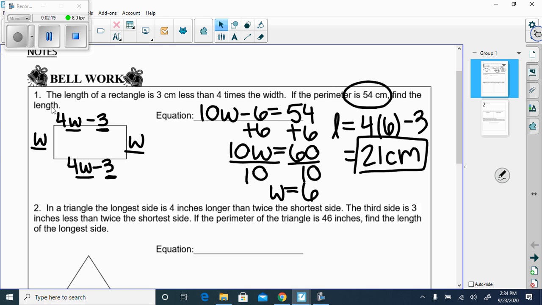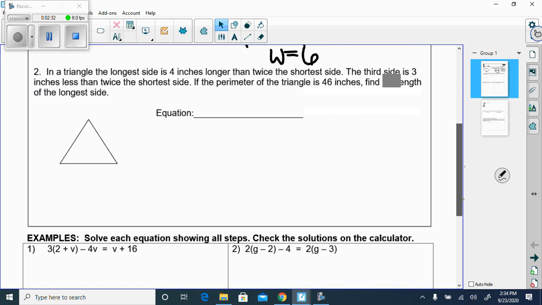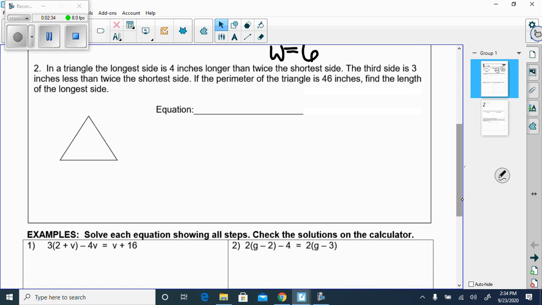So we do know that our length is 21 centimeters. Okay. Alright, number 2 is similar.